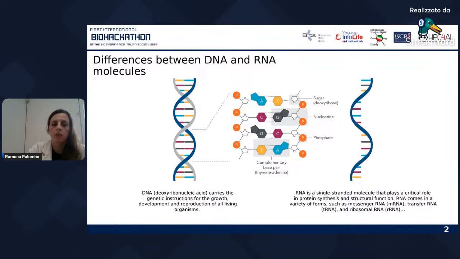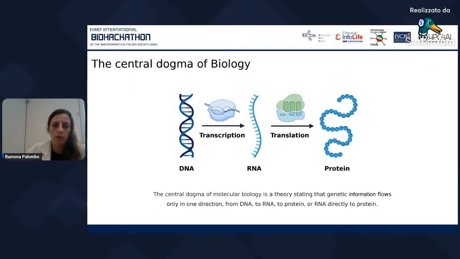And this is very important because we know that the central dogma of biology states that the information goes just in one way, so we have information that is represented by the DNA molecule, then the transcription allows us to have an RNA that can act like a messenger. So this RNA is then translated to give us a protein.